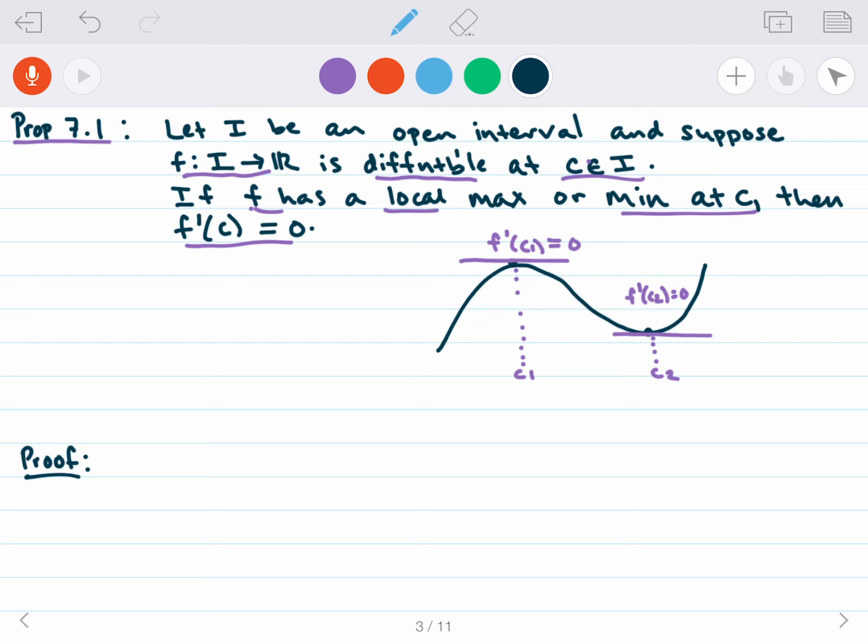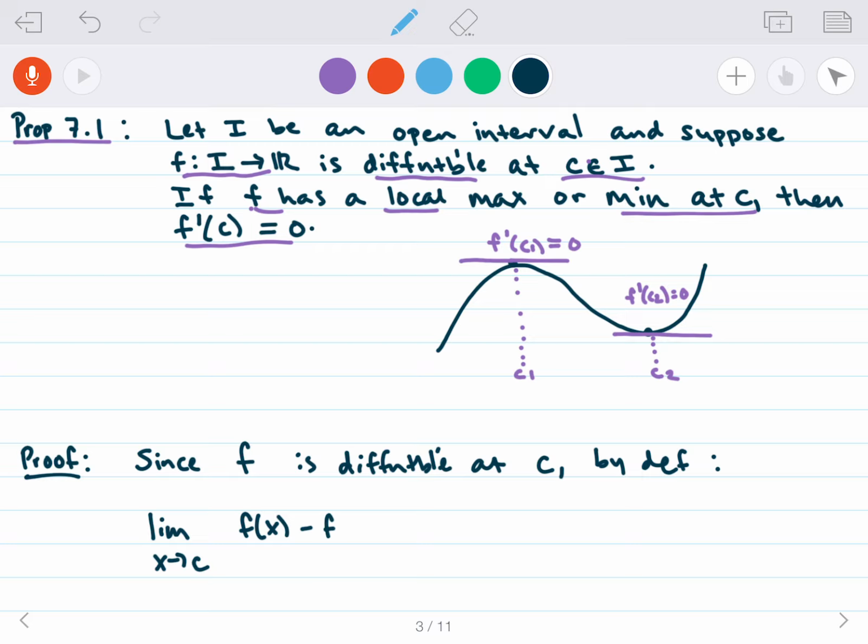So we won't worry about doing that. Let's go ahead and do the proof. Well, what are we given? We're given that f is differentiable at c. So we may as well write what that means in terms of our limit definition. Since f is differentiable at c, by definition, this means that the limit as x goes to c of f of x minus f of c over x minus c exists, and this is equal to f prime of c.